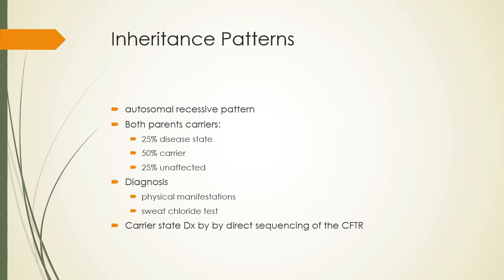Genetic testing cannot be used to diagnose cystic fibrosis at this point, but it is diagnosed based on physical manifestations, and there is also a fairly definitive test, the sweat chloride test.